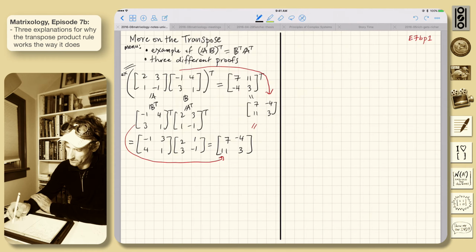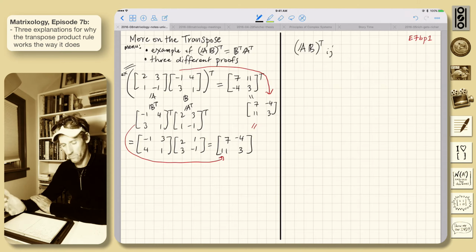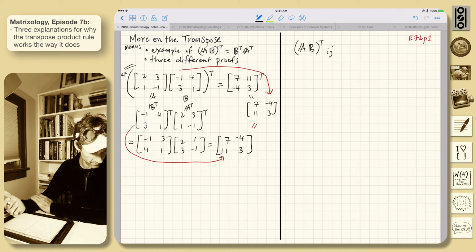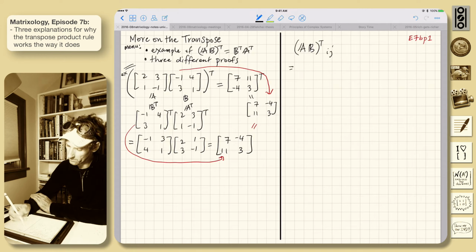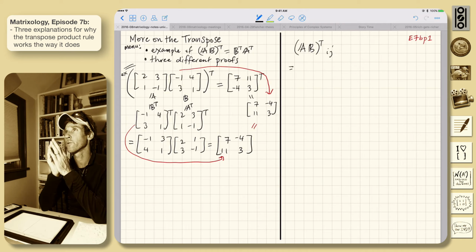We're going to start with (AB) transpose, and we'll take the ijth entry of that. So let's think about that. The first step is, well, it's the ijth entry of the transpose.